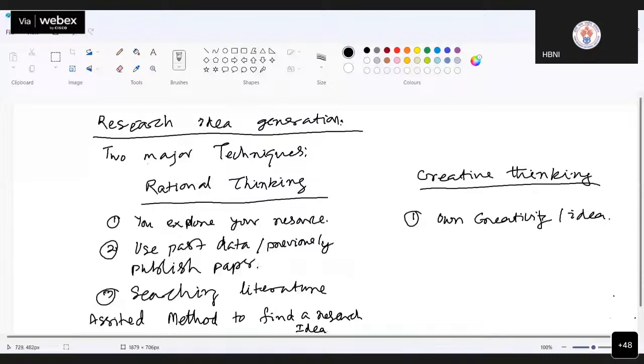Whereas in case of creative thinking, it is your own idea. I can give you an example. We know that we have different types of accelerators. One is the DC accelerator, which is a very simple one. When a charged particle passes through a potential difference, it gains energy equal to V into charge, VQ.